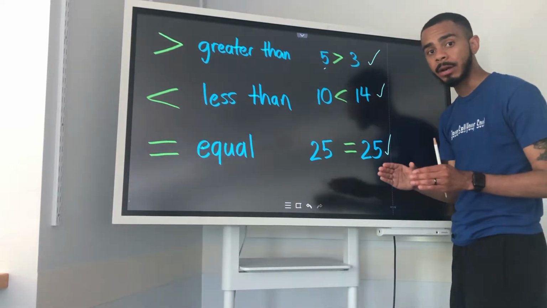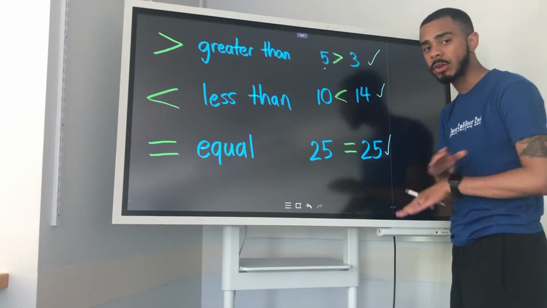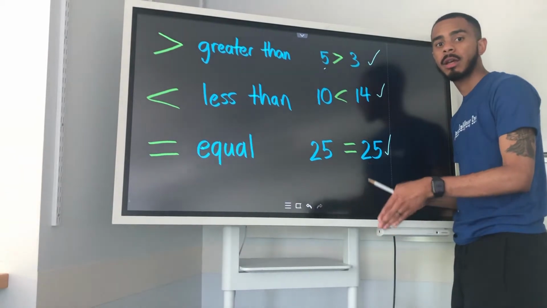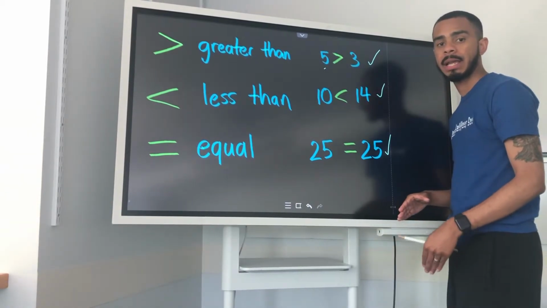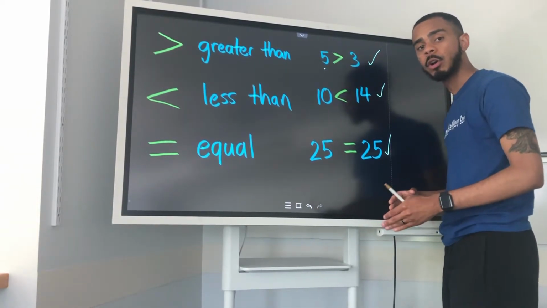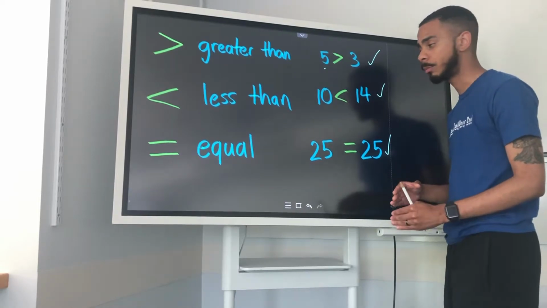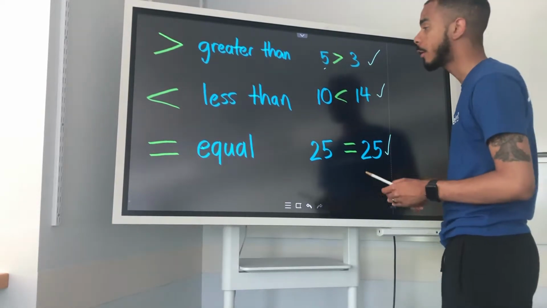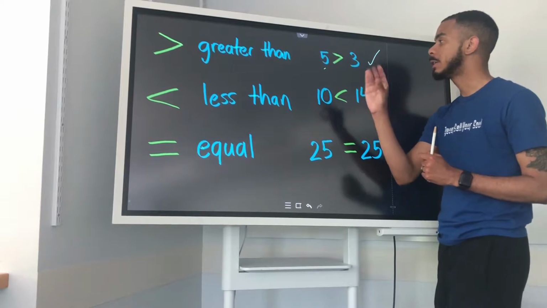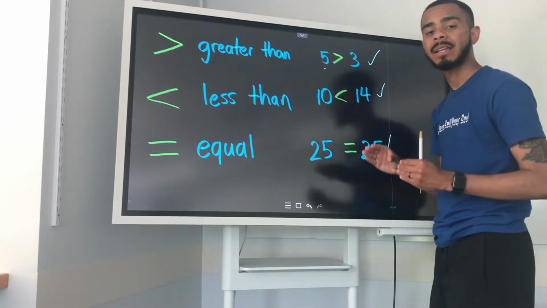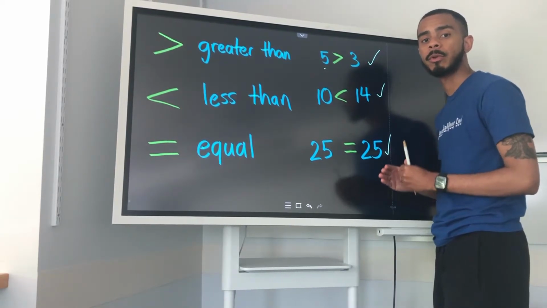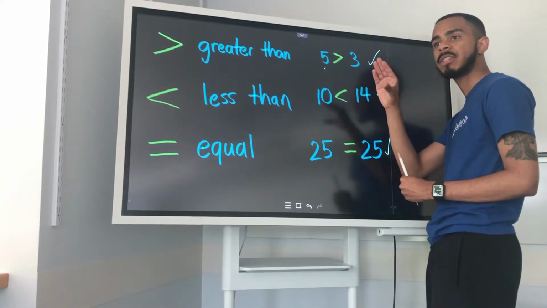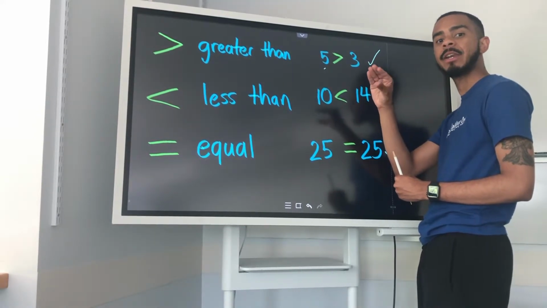Now the alligator always wants to eat the higher number. It always wants to eat the number with the most value. So if the alligator always wants to eat the number with the most value, that means his mouth is going to be open to that number.